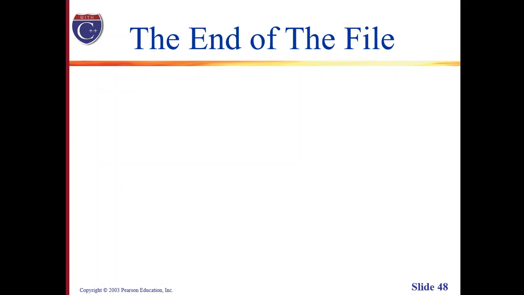And talking about files, when we are reading files for input, it is important that our program knows when to stop reading the file. But how does our program know that? Our program knows that by looking for the end of the file.